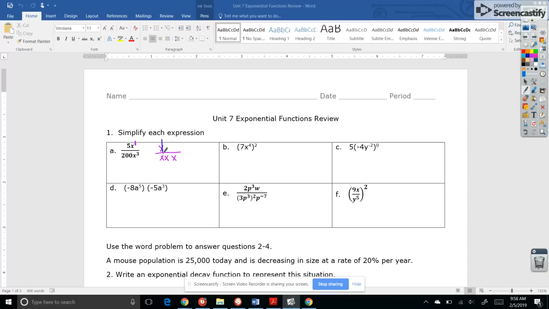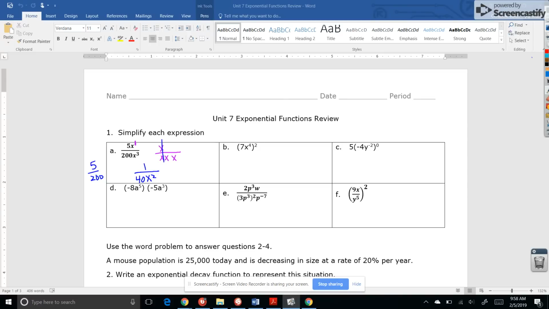X divided by x is 1, and that's going to cancel out. So I'm left with x squared in the denominator. If I divide these numbers, 5 divided by 200, that reduces to 1 over 40. When there is nothing left in the numerator, we always want to include a 1.